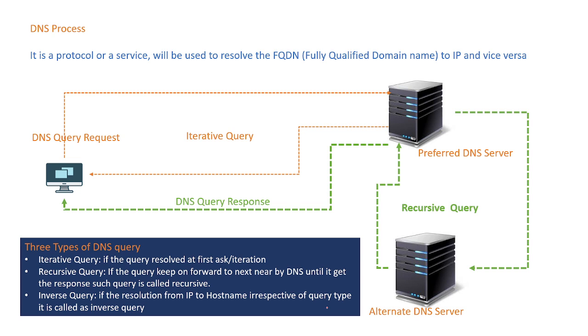There are three types of queries happening there. As I told you, as soon as you type www.facebook.com, the query will go to the preferred DNS server. See, this is my preferred DNS server. The query will come here and DNS will check, yes, I can see a facebook.com entry.